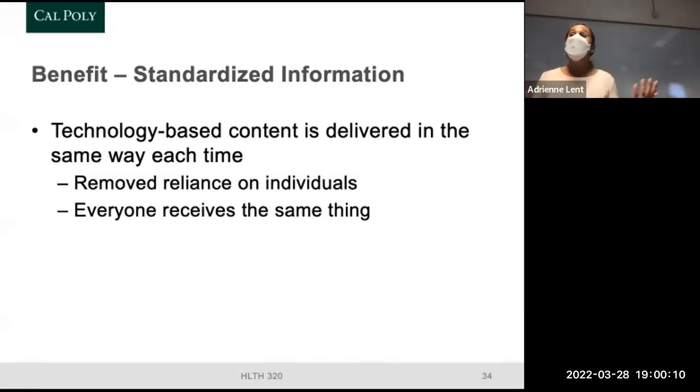And so with technology, we can standardize information and we can deliver content the same way each time. And we're removing this reliance on individuals and ensuring that everyone receives the same thing. And this can be really important, not just for equity of public health interventions, but also ensuring that research-based programs are delivering interventions the same way each time to each person. There are all kinds of standardized text messaging programs and app-based interventions that are really effective at this standardized information approach.